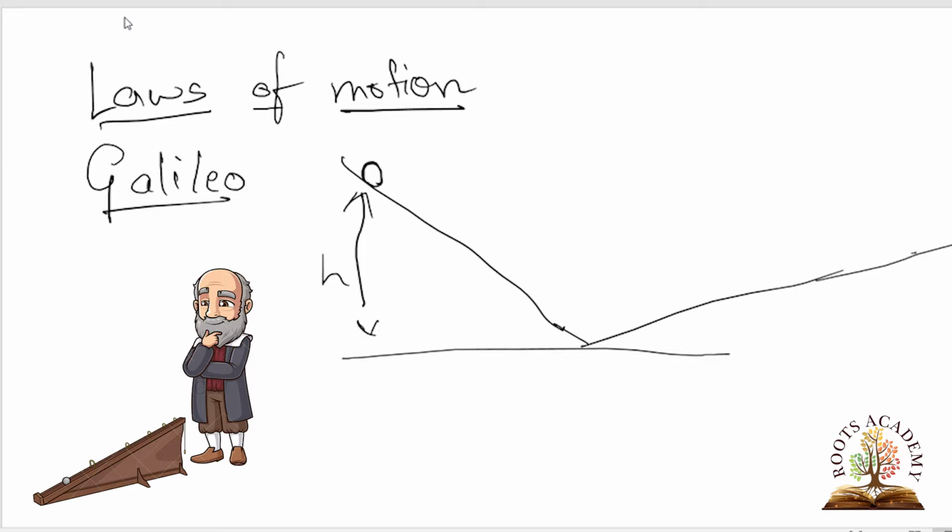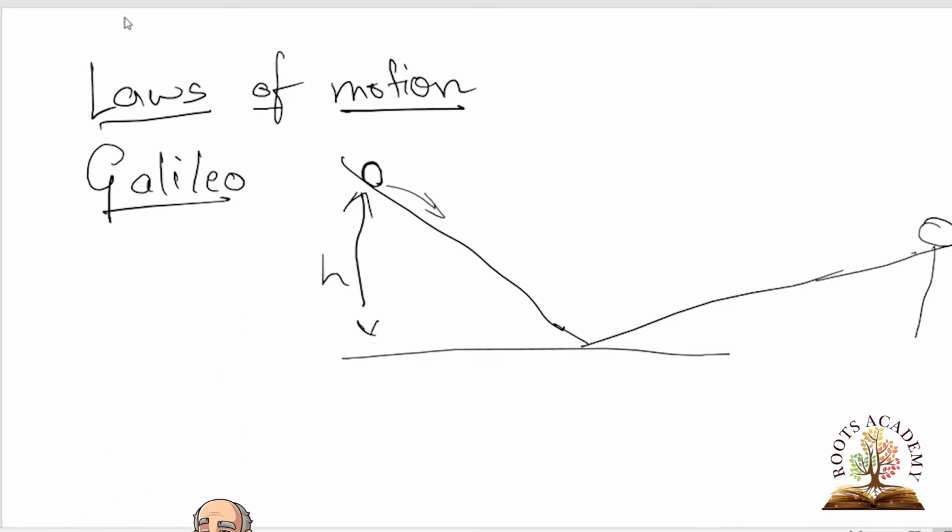When this marble was released from this height on this inclined plane, and there was another inclined plane at a different angle, he observed that, assuming the friction of the inclined plane is 0, the ball will reach the same height h from where it was released, and then stop at that position.